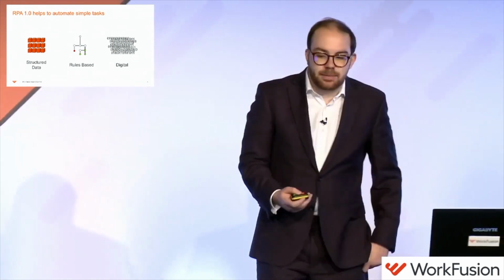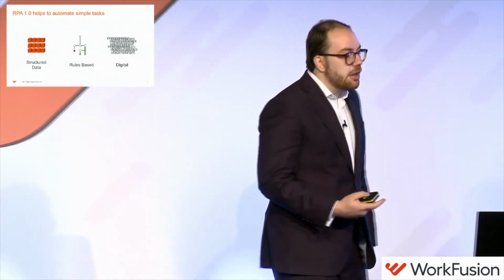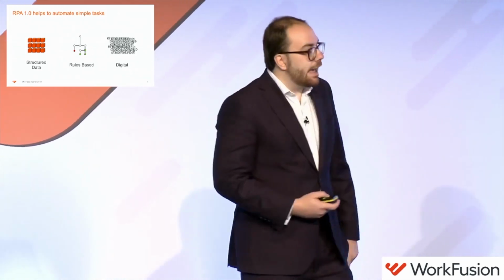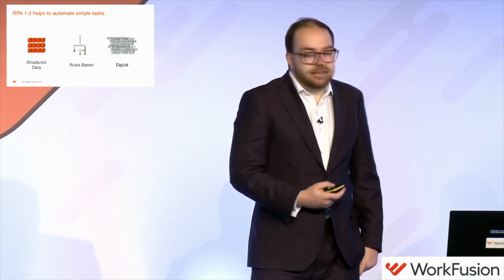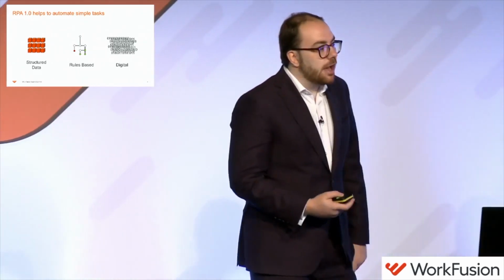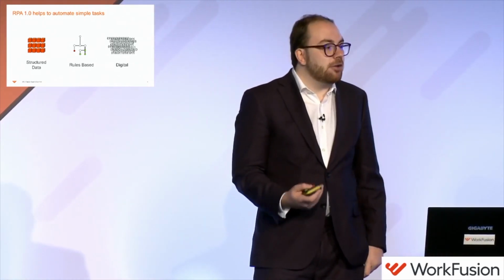The common things that people are always looking for are structured data, simple rules-based processes where you can map out the logic, yes or no, left or right, one or two, and then from there, you're easily able to automate. And we're also looking for opportunities that are very, very digital. So that's what RPA 1.0 is.